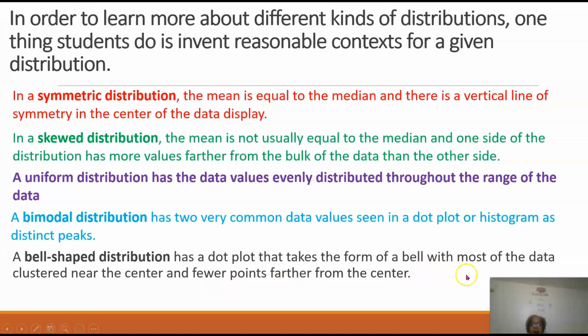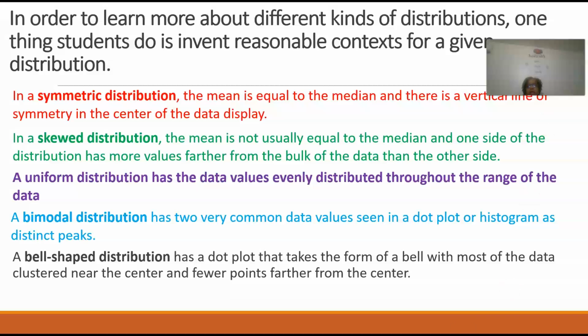So those are the five types of distributions that we discussed in the beginning of the year: symmetric, skewed, uniform, bimodal, and bell-shaped. When we discussed these in the beginning of the year, we talked about them in depth, and we did a lot of card sorts and matching so we could make sure that we understood what we were dealing with. So here, we're just going to do a snapshot of it, really.